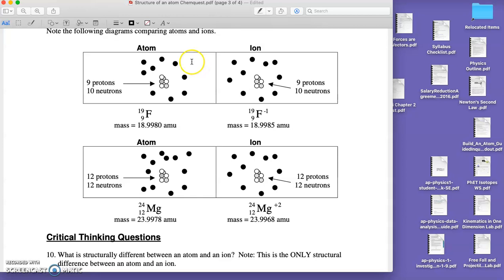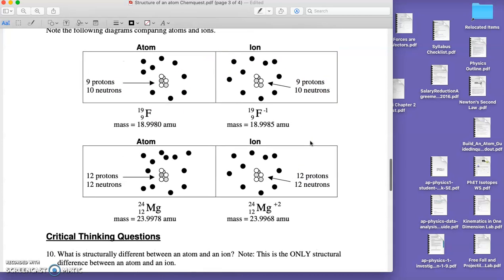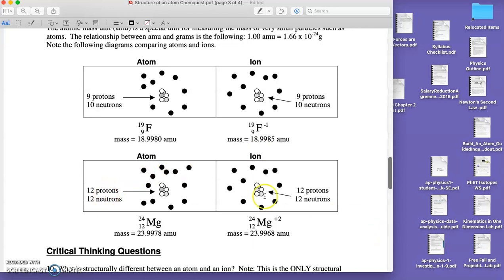So the difference between the two is we have 9 electrons on the left and 10 on the right. And then magnesium, 12 and 12 each. If we count the electrons on the left side, we should get 12 electrons. If we count the electrons on the right side, we should get 10 electrons. So a different number of electrons, all right?